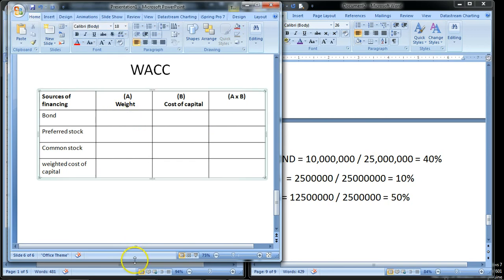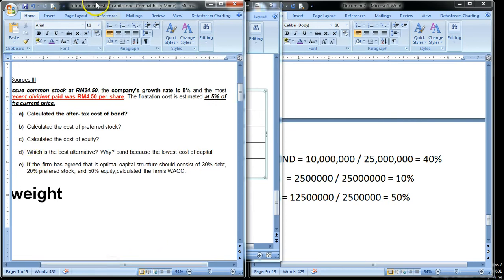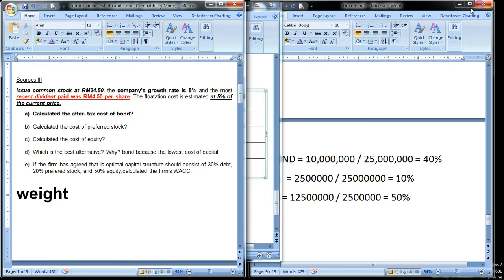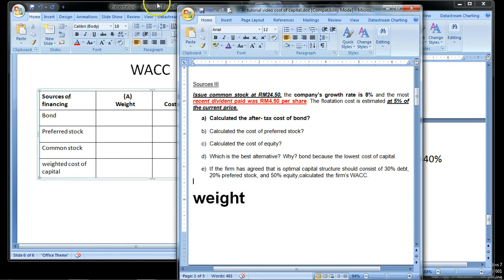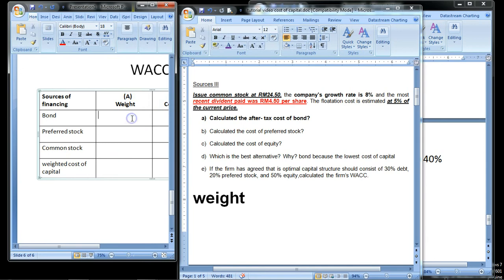But in this question, as you can see, it has given you 30% debt, next, 20% preferred stock. Let's put it in first, then you can see. So this is bond, 30%. Class, please change it to decimal. Please change it to decimal. Clear?